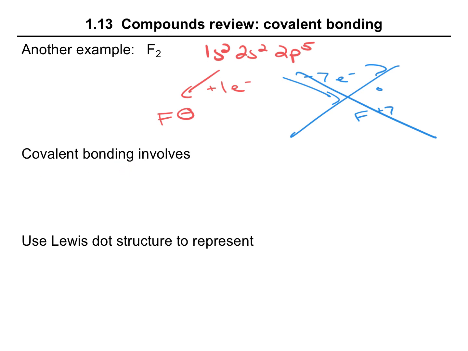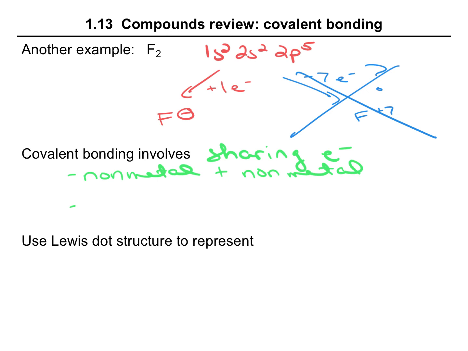Now, covalent bonding involves sharing electrons. Covalent bonding occurs between a nonmetal and a nonmetal, and the attraction, what actually holds the atoms together, is the attraction between those shared electrons and two nuclei.